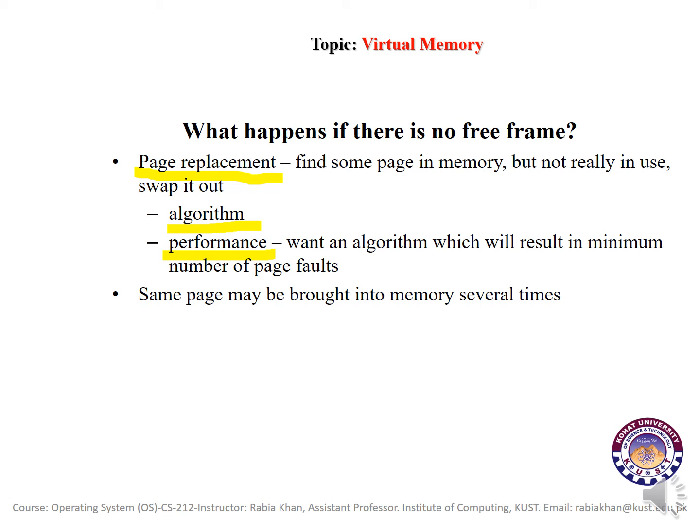Generally, the performance is measured on the basis of the number of page faults generated by an algorithm. An algorithm is considered best if it creates the minimum number of page faults. As you all know, a page fault is a trap for the operating system.